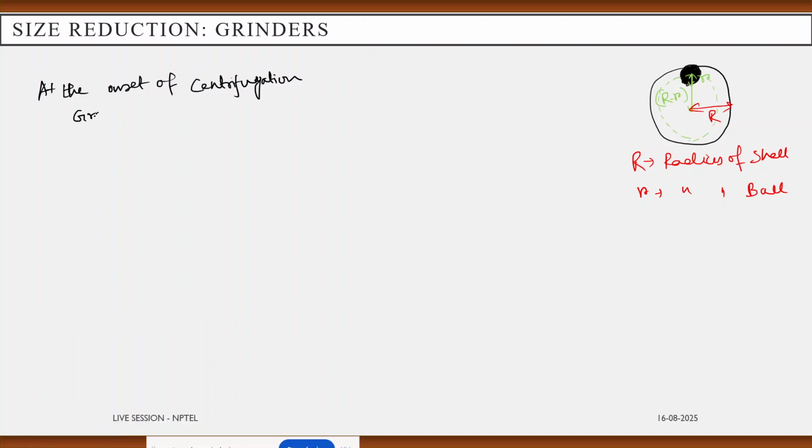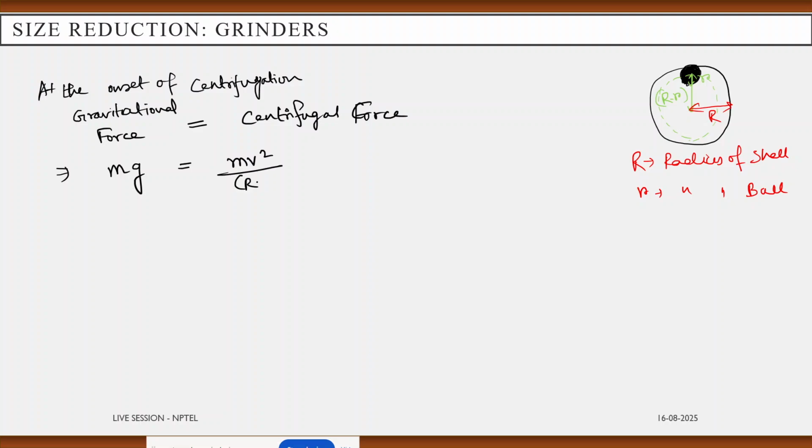We can have gravitational force equal to centrifugal force. Gravitational force is m into g, centrifugal force is m v square by capital R minus small r. From where we get g equals v square by capital R minus small r.